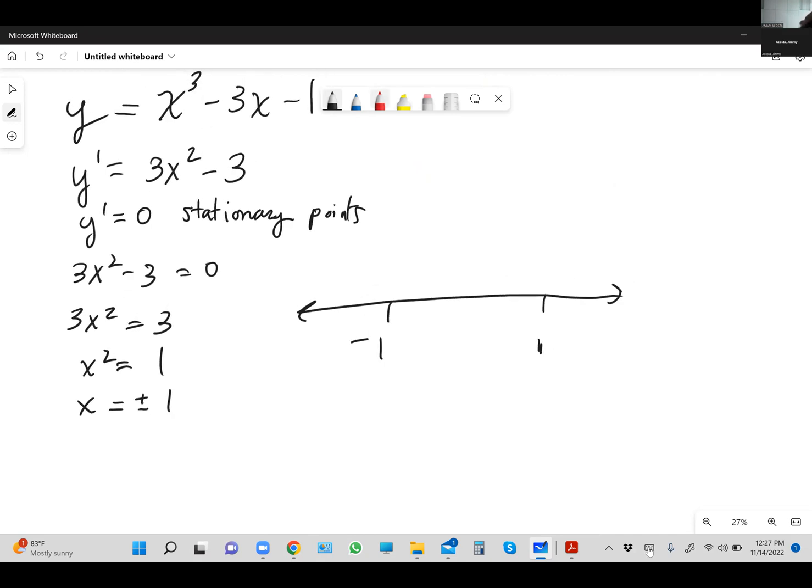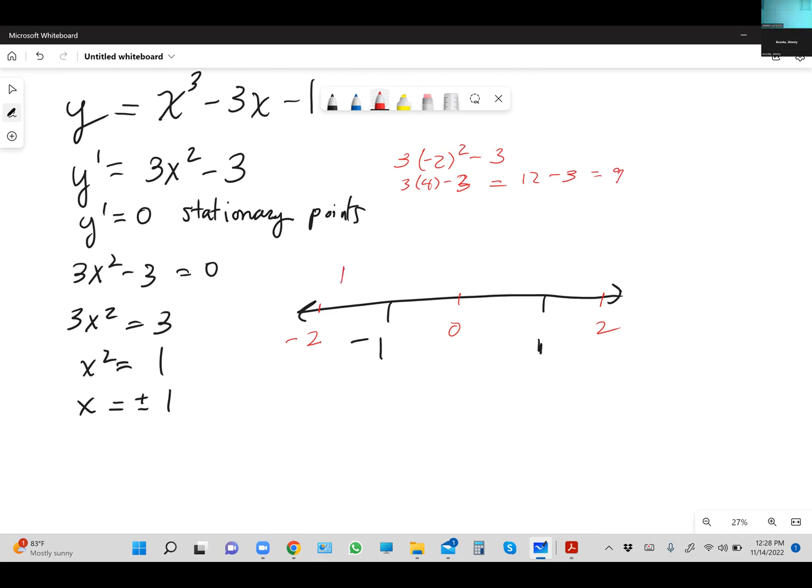Now, as a consequence, we're going to have 3 test points. You could pick -2, you can pick 0, and you can pick 2. You substitute those into your derivative to figure out if your function is increasing or decreasing at that respective value. So if you put 3 times -2 squared minus 3, you get 3 times 4 minus 3, which is 12 minus 3, which is 9.